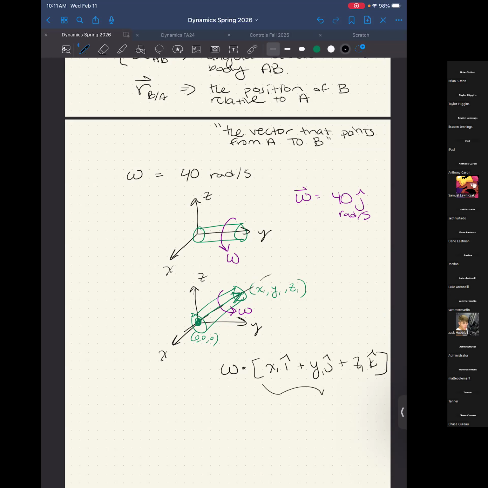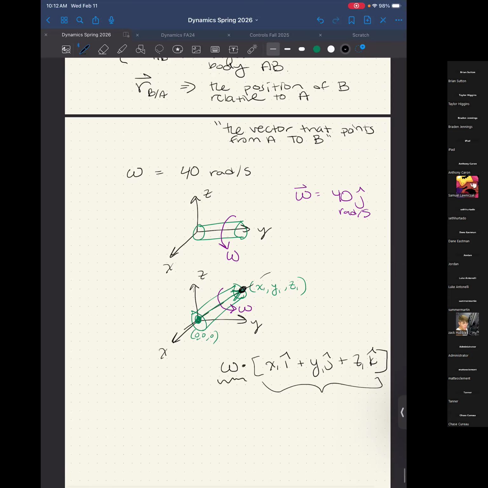So this is not a unit vector. This is legitimately basically the position of this point in space. And so the magnitude is going to be the distance between these two points. If you multiply that somewhat arbitrary magnitude times your omega, you're going to get some overall magnitude that is not this 40 radians per second. That will be incorrect.